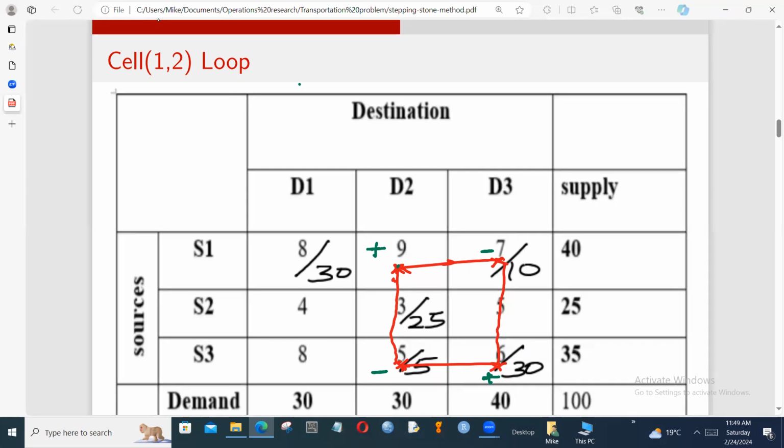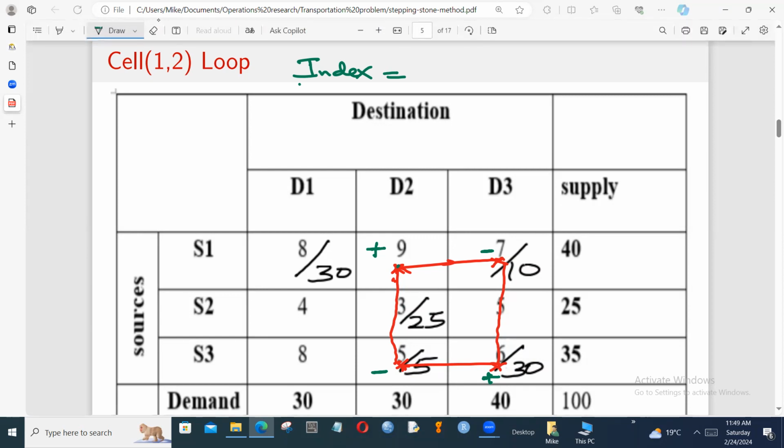And the improvement index now is going to be given by, for this particular cell, we now use the costs in each cell. Like the starting cell here, the cost is 9. So the sign assigned to that cell is positive, so I'm writing positive 9. Then the next turn here, the cost is 7, and the sign attached to that cell is negative.